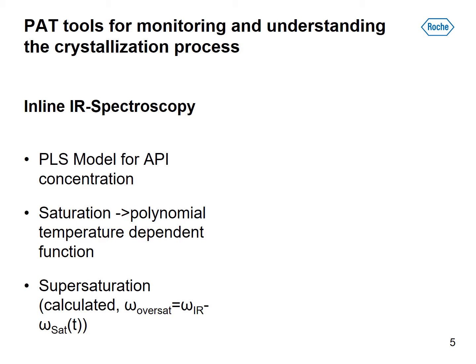We built a model to determine the API concentration at each point in time. We also used the gravimetric data from solubility experiments in the lab to calculate a polynomial fit that showed the temperature-dependent solubility. Out of these two parameters, we could also calculate the supersaturation at each point in time.